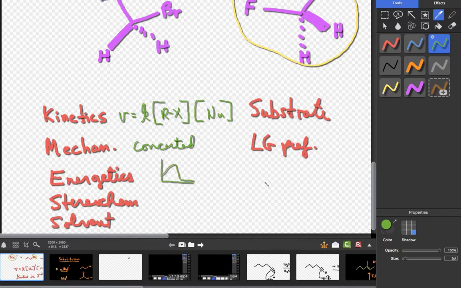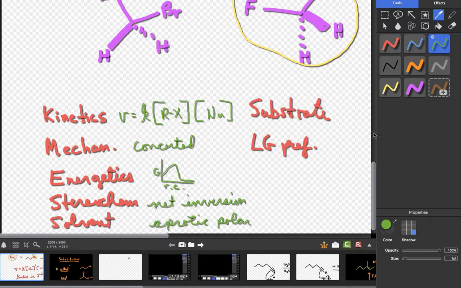One step with a single transition state. Of course, G is on the y-axis and reaction coordinate is on the x-axis. Stereochemistry, net inversion. Solvent preferences, we prefer aprotic polar solvents. And we'll explain that in just a moment.